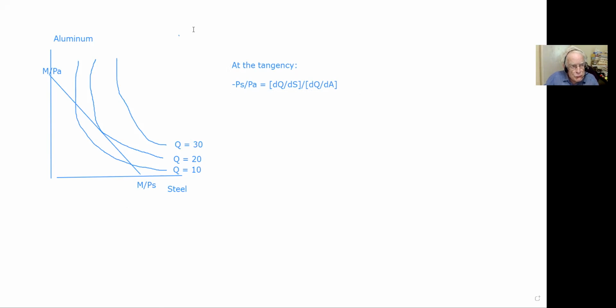And then a final bit of information is the production function for producing automobiles depends on steel to the power of 1/2 and aluminum to the power of 1/2 as well.